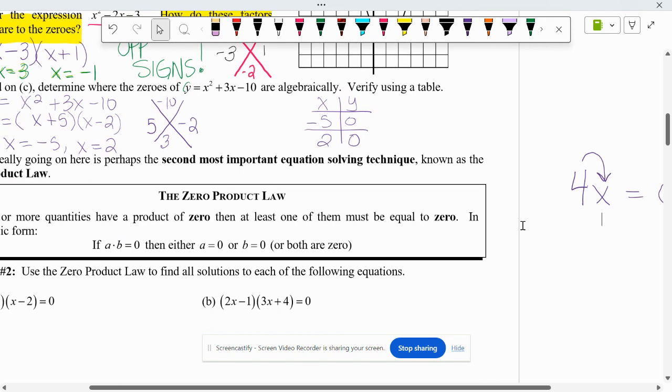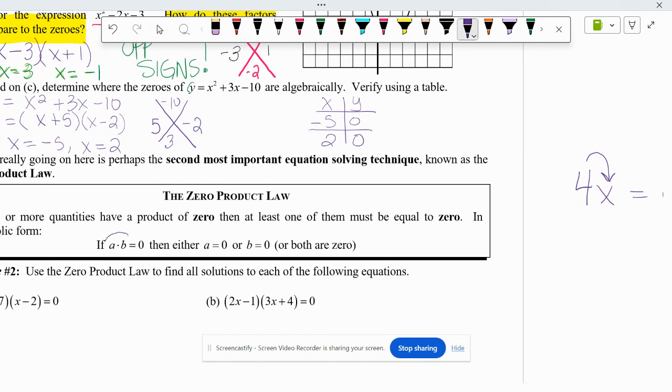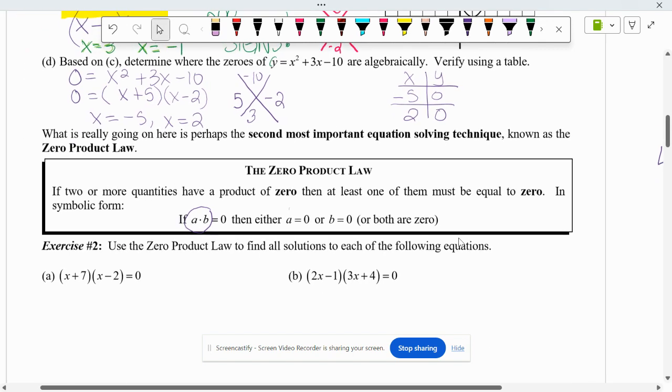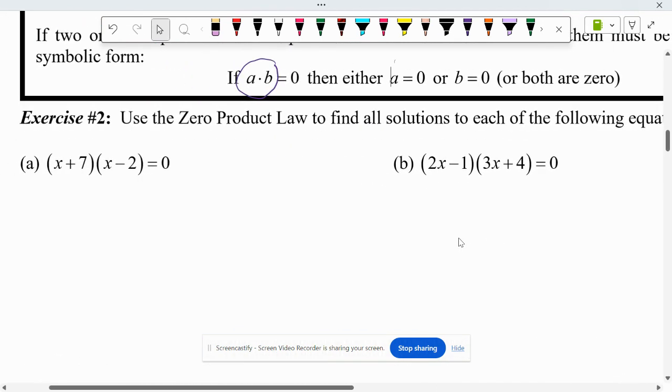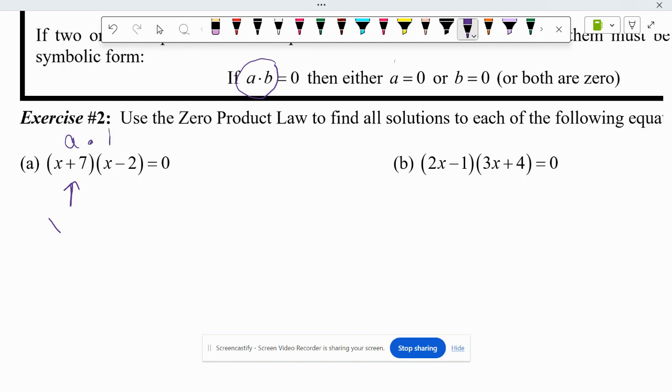This is called the zero product property. It says if you take two numbers and you multiply them together and one of them is 0, then either the first number or the second number or both are 0. Think of this factor as A. This is no different than saying A times B equals 0.